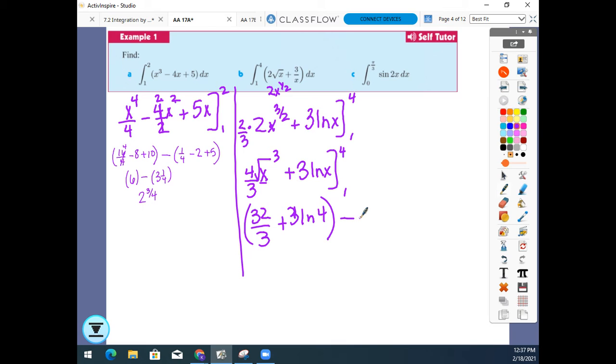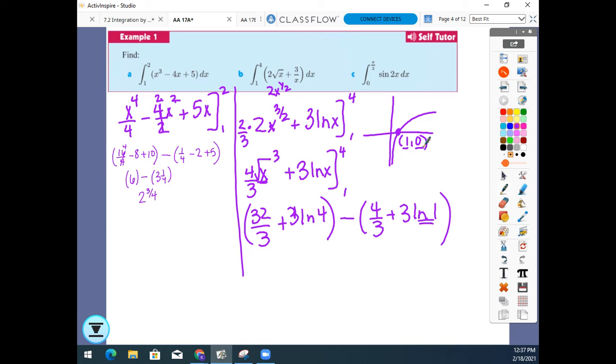Now plug in 1. 1 to any root or exponent is just 1. Times 4/3 is 4/3. When we plug ln 1 in, this is really important. ln 1, your basic logarithm crosses at 1, 0. So ln of 1 is 0.